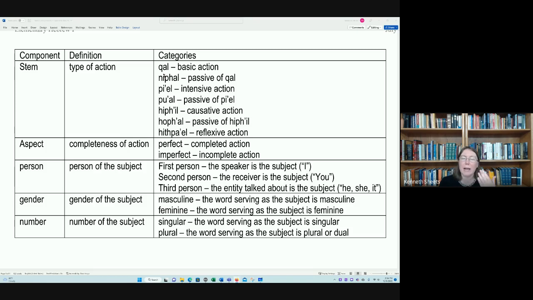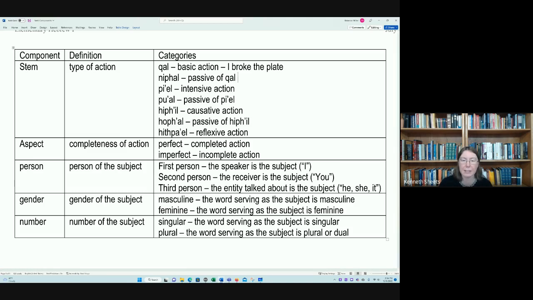So it's that simple action of breaking. Now, the kal also has a passive counterpart, which we call the nifal. And this would be the passive of the kal. So in this instance, instead of the subject doing the action, this would be where the subject is receiving the action. Thus, up above with the kal, where we had the example of I broke the plate, which would be that basic action of breaking, and I am the one who is doing the action.